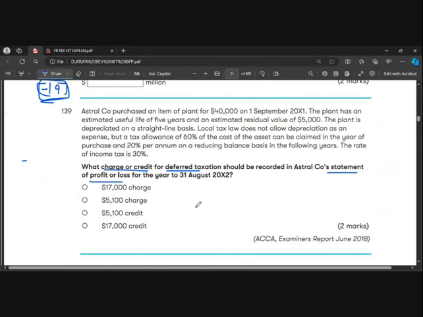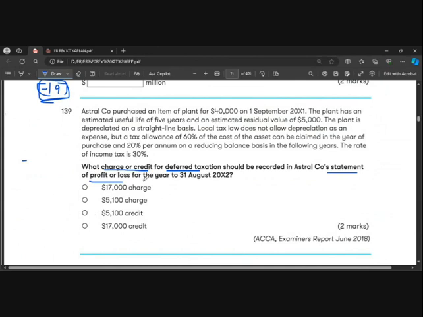The cost can just be claimed in the year of the purchase. Charge or credit for deferred taxation. I don't think I can do that.